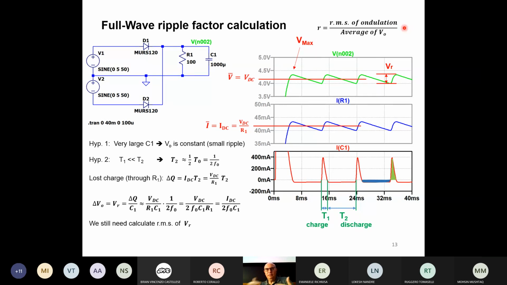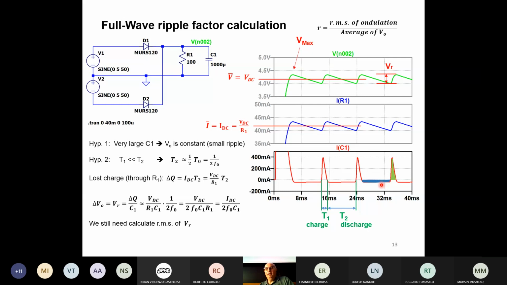So there is a two-step calculation. Obviously, it will be something quite approximated, but the approximation is quite good for our purposes. How can we do that? Basically what we saw is that there is a charge conservation. So the integral during the peak is equal to the integral during the negative current.